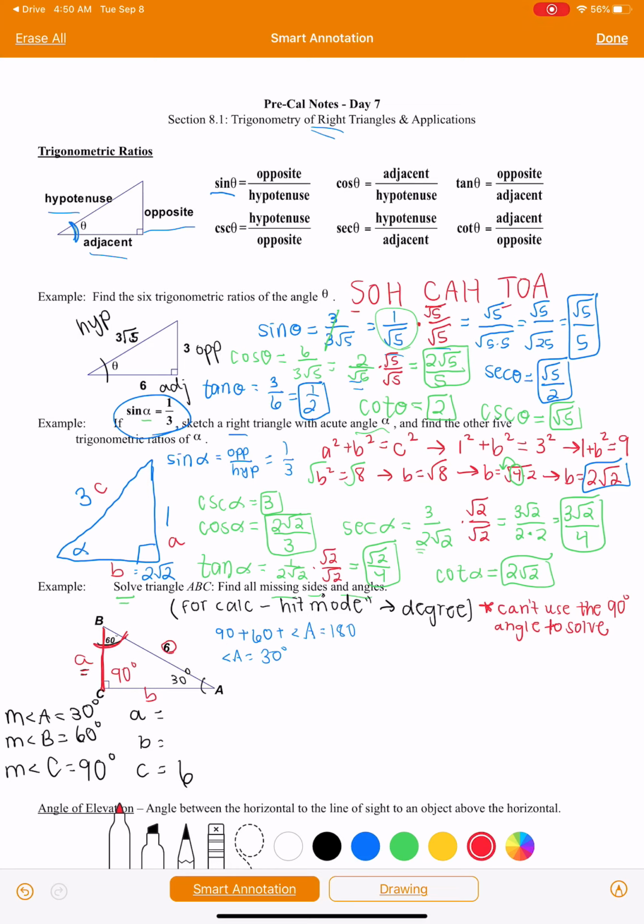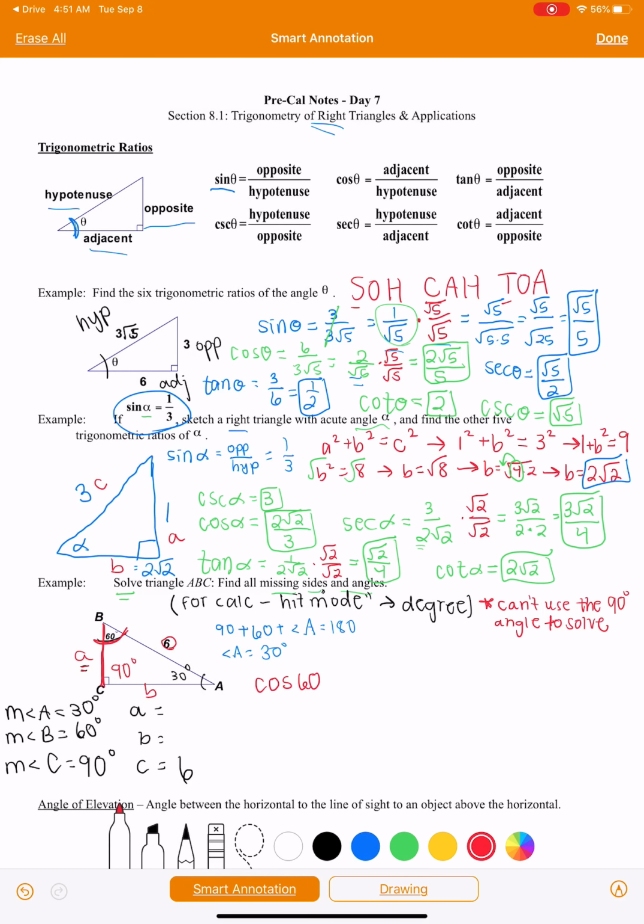Cosine is adjacent over hypotenuse, and that's what I have. a is adjacent to 60 degrees. And then we're also using the hypotenuse, which is 6, because that's the only other piece of info we have. Okay, so cosine of the 60-degree angle is equal to the adjacent side length over the hypotenuse.